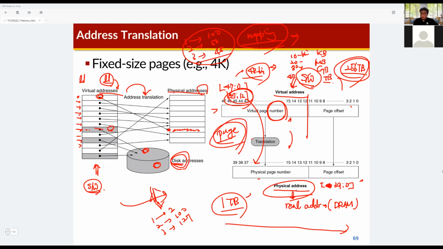We define it as a large chunk, and then we translate this page number, the virtual page number, to the physical page number. With this concept, we translate only the upper part of the address to some part of the physical address.